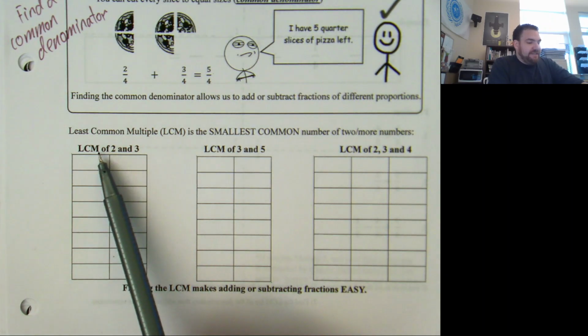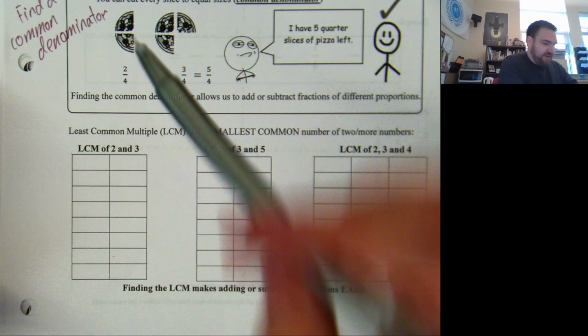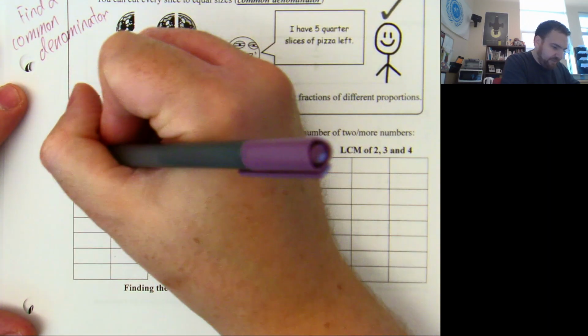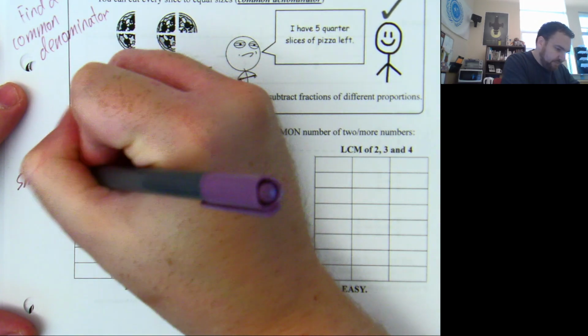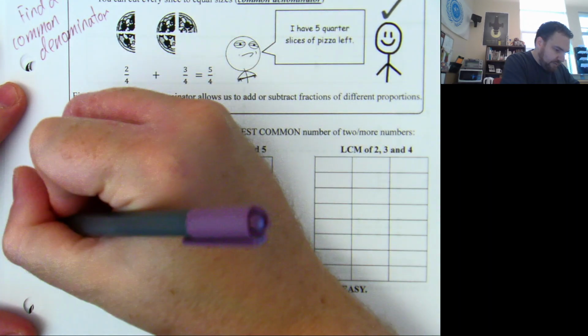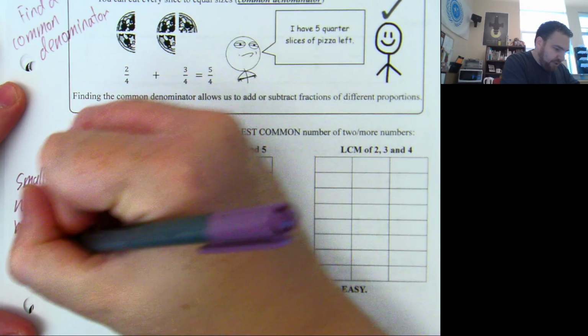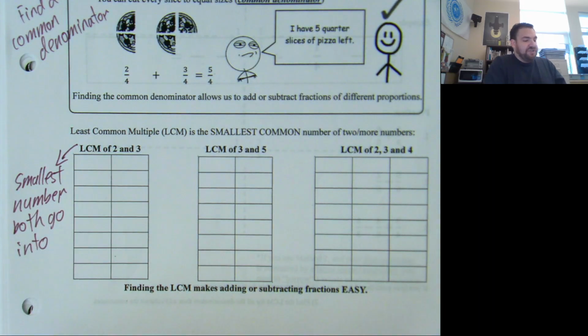If I want to find the least common multiple of two numbers, another way to say it is the smallest number they both go into. What's the smallest number 2 and 3 both go into? 6.